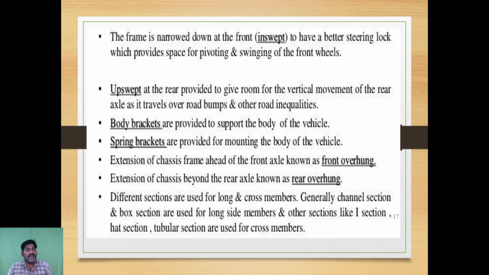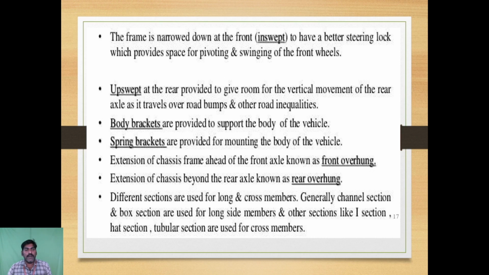The frame is narrowed down at the front to have a better steering lock, which provides space for pivoting and swinging of the front wheel. The sweep-up at the rear gives room for the vertical movement of the rear axle as it travels over road bumps and other road inequalities.